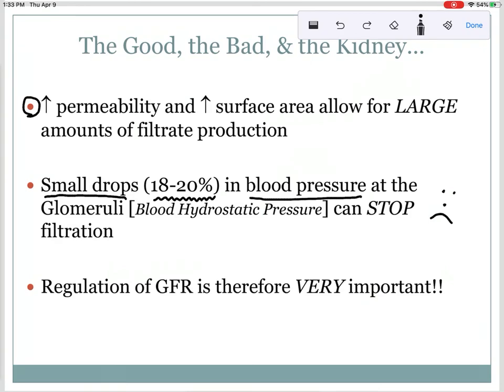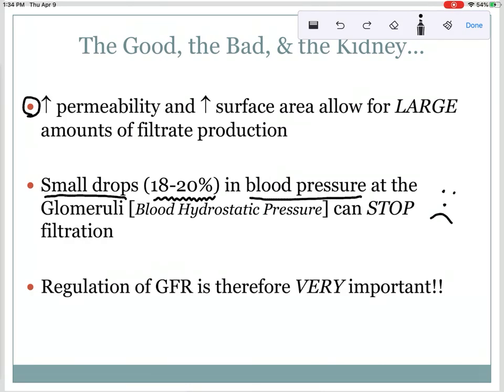And that number may not mean much to you, but if we compare this to other places in the body, other organs, other body systems are better able to handle that much of a drop in blood pressure. Not that it's easy, that's a relatively decent drop in blood pressure, 20%. Not that it's easy for any other organ, but other organ systems are better able to handle that.